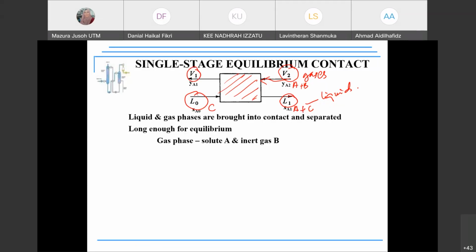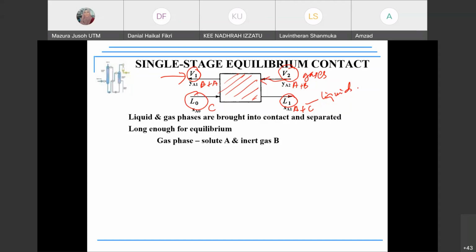What's going to be left in V1 here? B plus A. Yes, B plus a little bit of A if the absorption is not total.